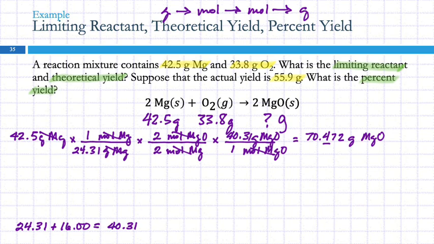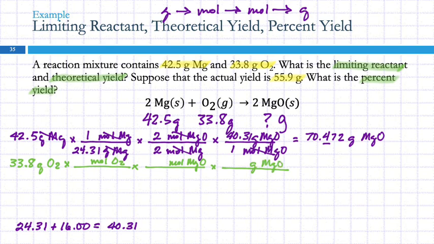Now we're going to do another calculation. I'm going to change color because it gets a little busy in here. So 33.8 grams of oxygen. Grams to moles to moles to grams. So I'm going to go to moles of oxygen, and then I'm going to moles of magnesium oxide, and then I'm going to grams of magnesium oxide.